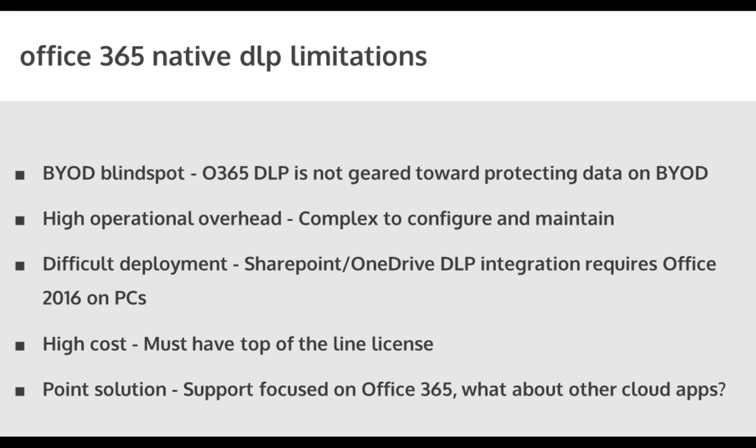And the third, and probably the main reason why most people end up choosing a CASB to protect Office 365, is the ability to handle multiple different applications. In addition to Office 365, you may also have Salesforce.